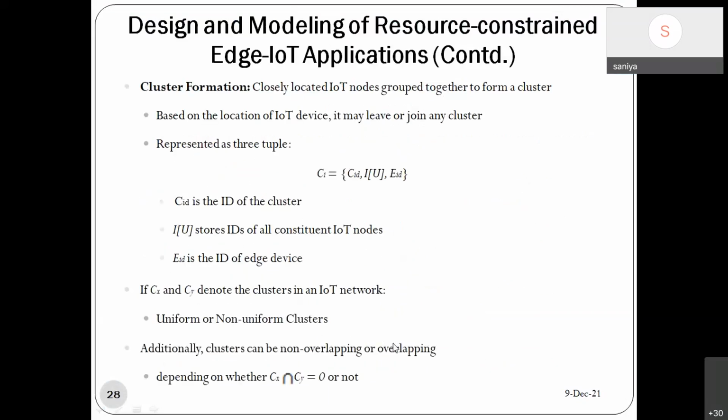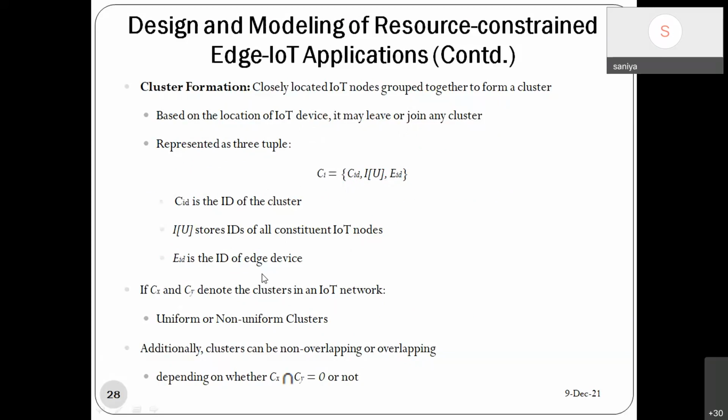Now, for the cluster to be formed, closely located IoT nodes can be grouped together to form the cluster, right? Based on the location of the IoT device, it may leave or join any cluster. So this is the cluster ID. IU represents the various IoT nodes that we have here, and EID represents the ID of the edge node.